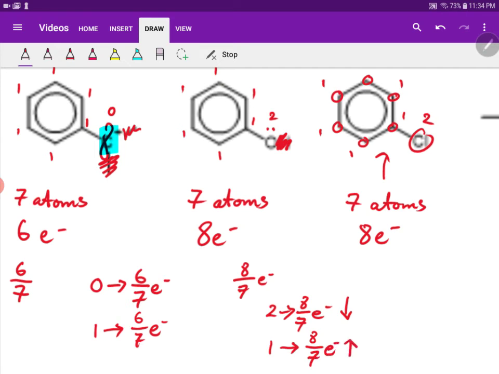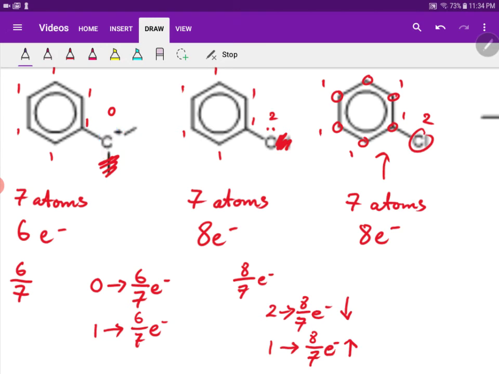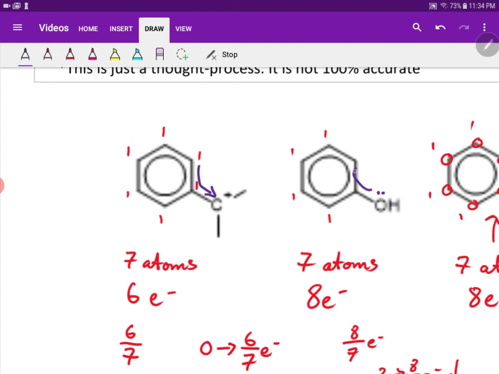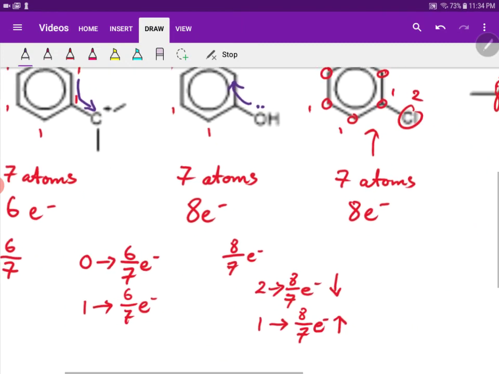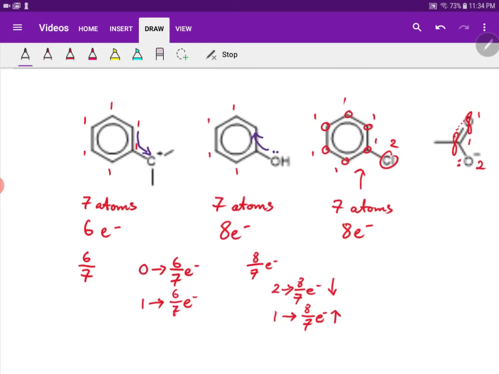This illustration should show you why, in the example of a carbocation, the electrons flow out of the ring into this carbocation, whereas in the other example, it flows from the oxygen atom into the ring. This is to explain the difference. However, the reason why I said this is just an illustration and not completely true is because we haven't taken into account the electronegativity difference, and this is going to affect where the electron actually lies.